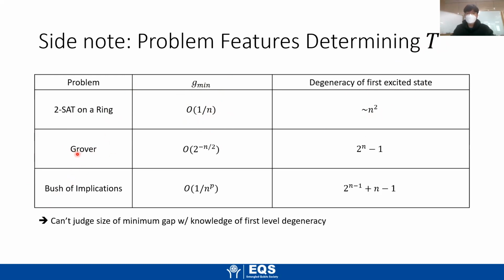For the Grover problem, we have some exponential here, and we have some exponential here. So maybe with just these 2 examples, we might think that the degeneracy of the first excited state is important, but they gave some counterexample where G-min is a polynomial, but the degeneracy is actually exponential. So we can't judge the size of the minimum gap with the knowledge of just the first level degeneracy. So this paper concluded that it was actually pretty difficult to find some problem features that determine large T.